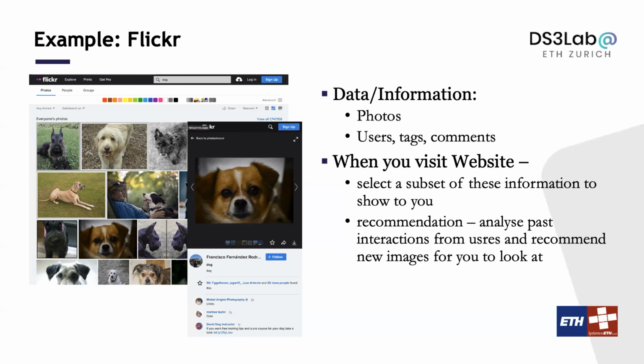And also, if you go on Flickr, you will realize there's a recommendation engine. When you click a whole bunch of photos, the system is going to recommend some new photos for you to look at. If you think about how that happens, the system has access to all those interactions that a user has with the system, and all of those interactions are stored inside the database.